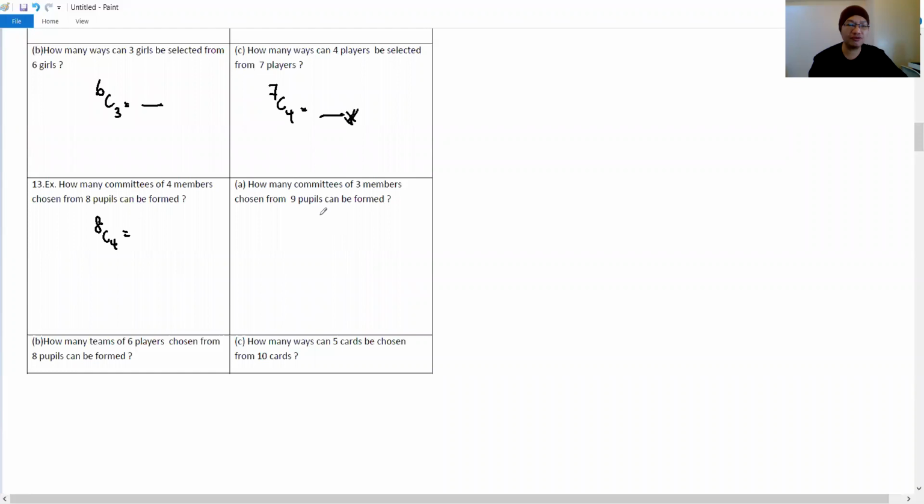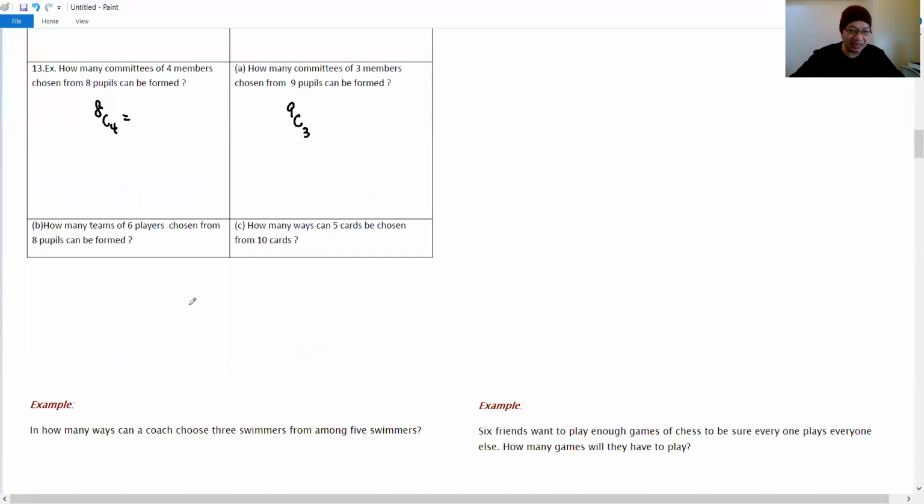Next. How many committees of 3 members chosen from 9 pupils can be formed? So 9C3. And the second last question here. How many teams of 6 players can be chosen from 8 pupils? So 8 available students, we need to choose 6. So 8C6. Find the value here.